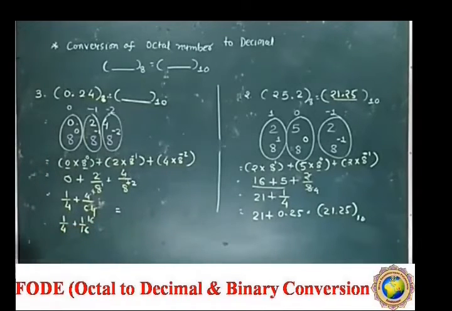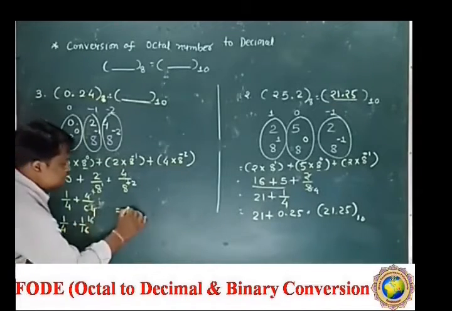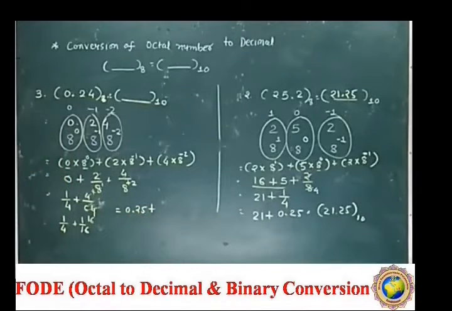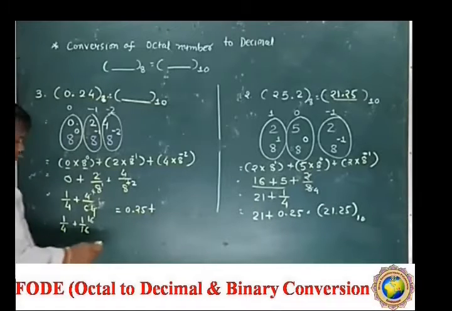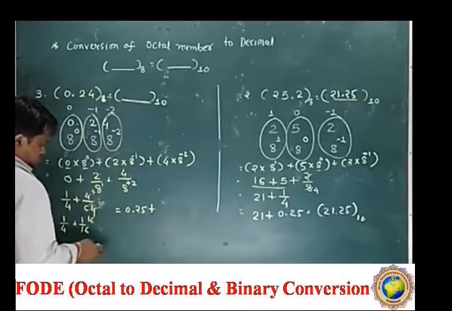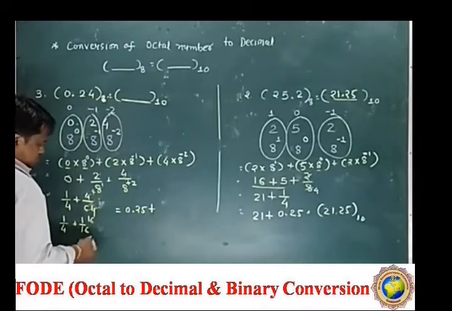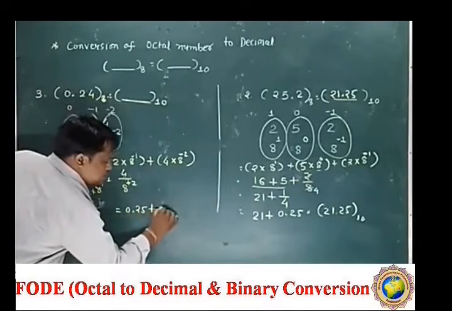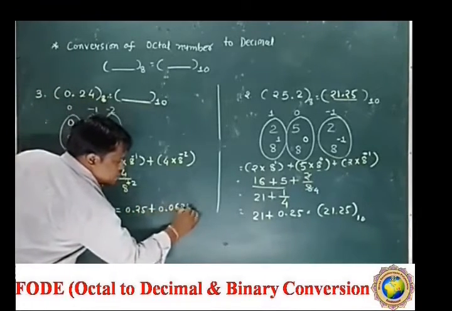Now what is 1 by 4? It's 0.25. What is 1 by 16? 1 by 4 into 1 by 4 is 0.0625.